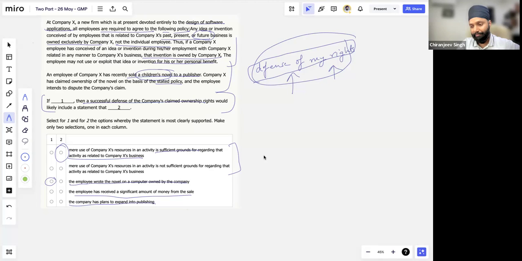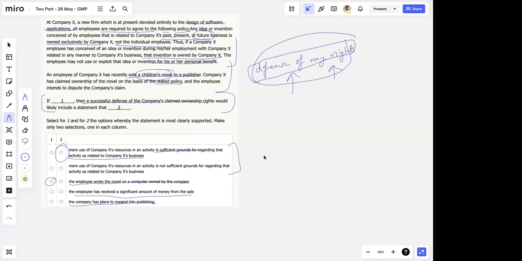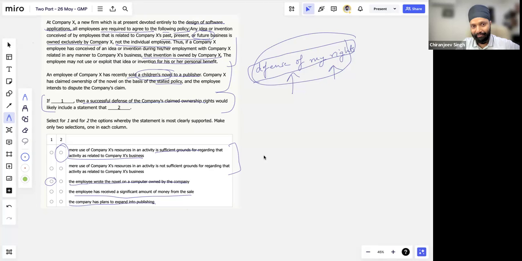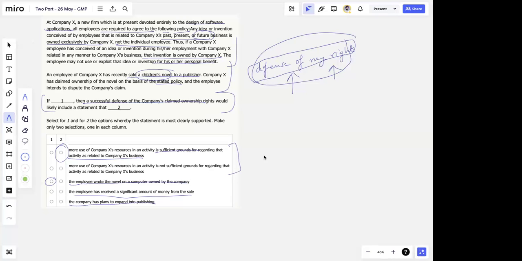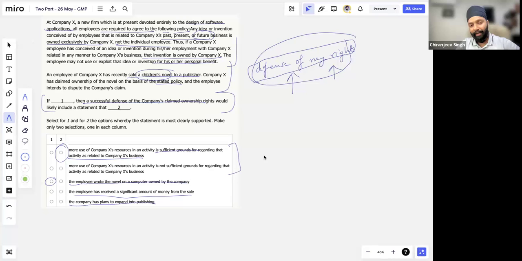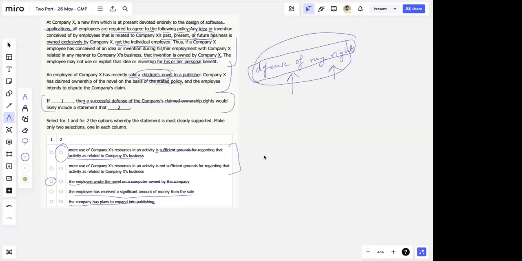Yeah. So where did you go? So the first thing I clicked was the company has plans to expand into publishing. Right, so it directly correlated with the future businesses. And then I thought, this should be it.